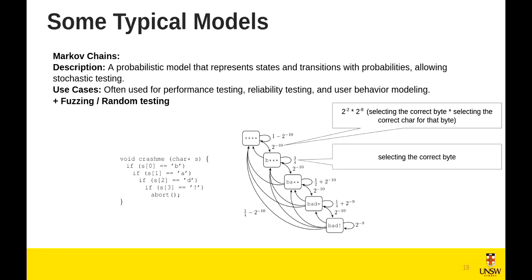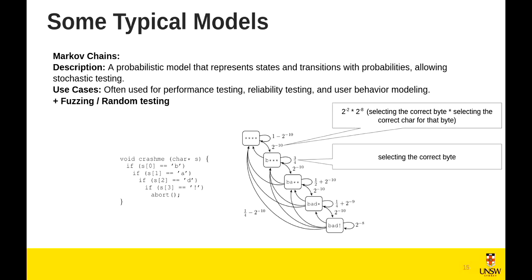And this one here, of course, is also obvious. If the program is here, and we supply the program with another randomly generated string, the chance of staying in this program state is 3 over 4, because we just change either one of these here to stay in this state.